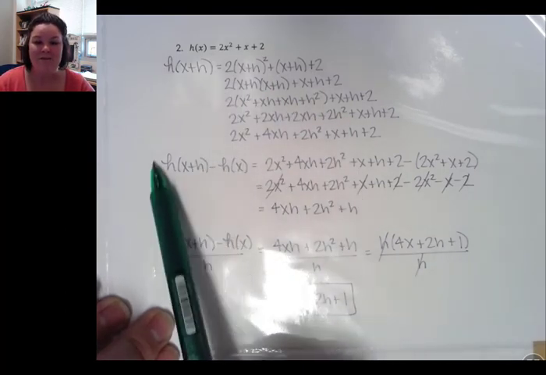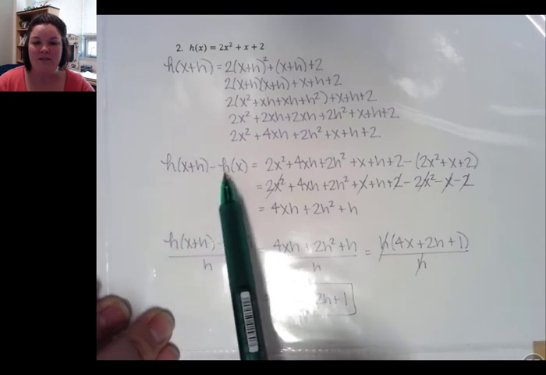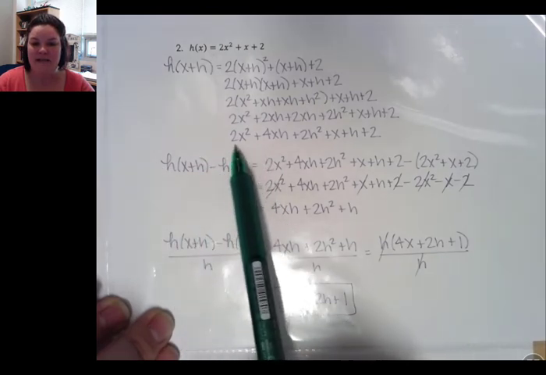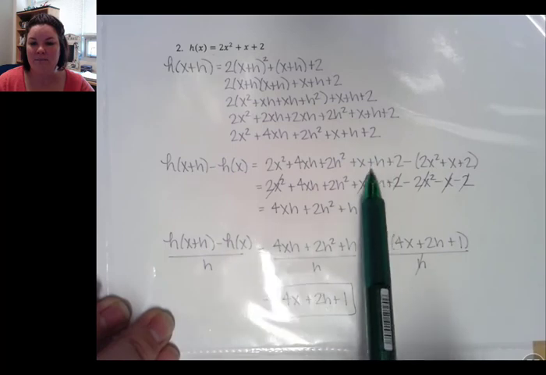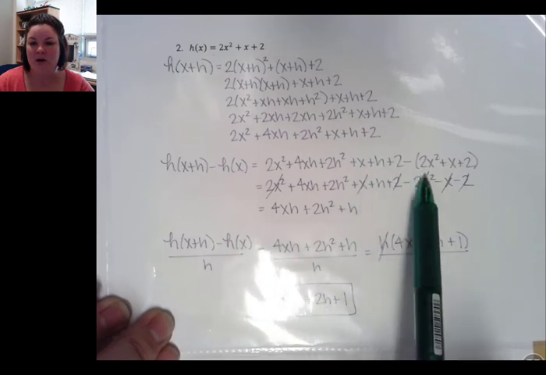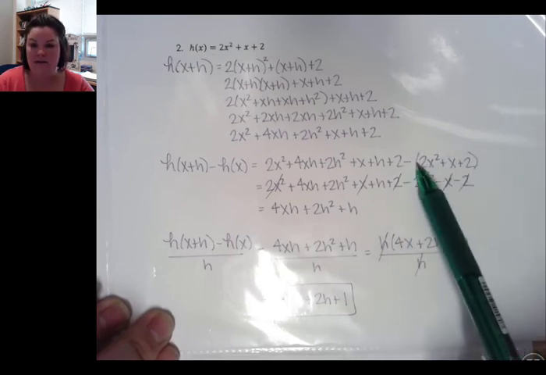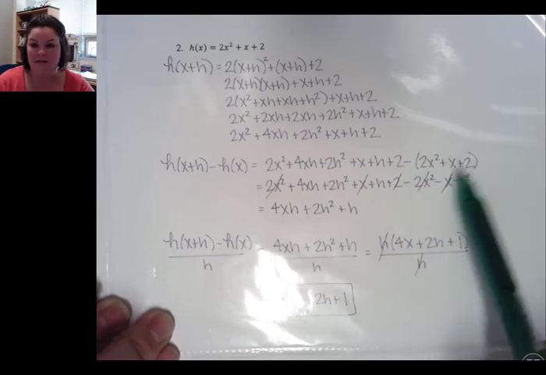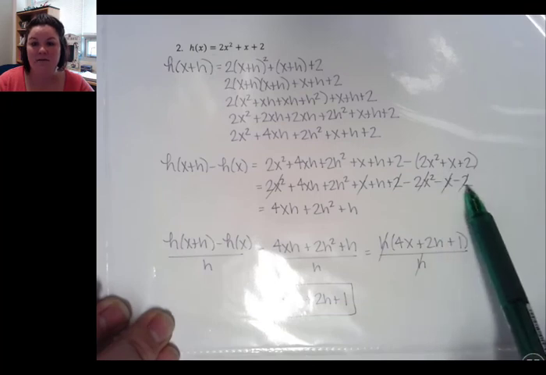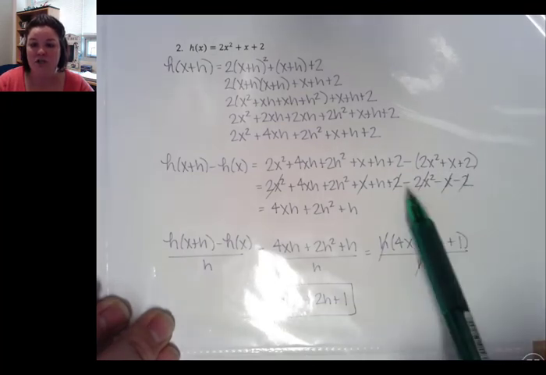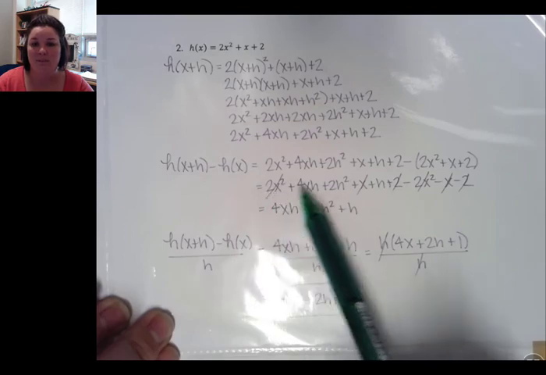Okay, so that was kind of a long first step. Now that we have that first step, now we're going to subtract our original. Okay, so we take what we got from that first step, bring it down here, and then we subtract our original, always putting parentheses around the original. That way we distribute this negative to each piece. So all 3 terms become negative, and all 3 terms should cancel with their opposites.